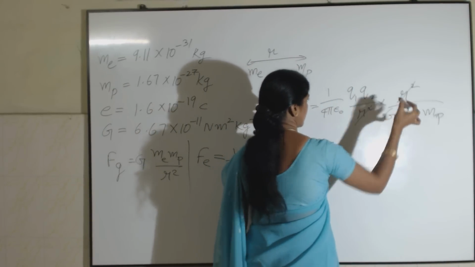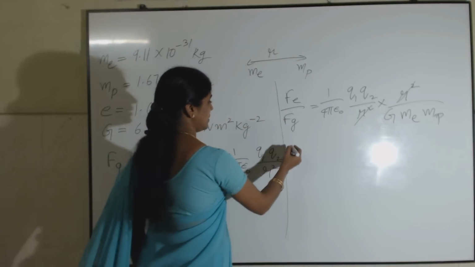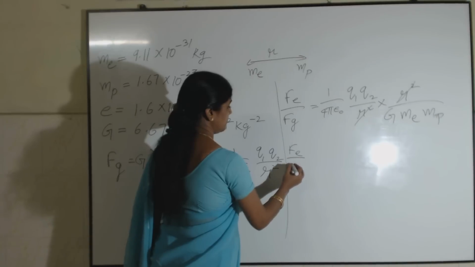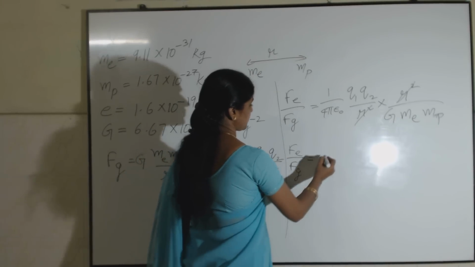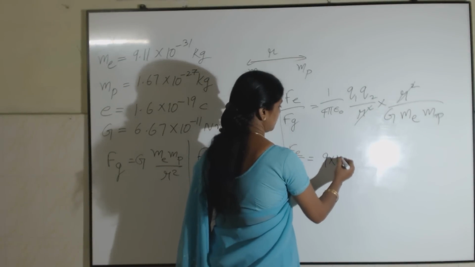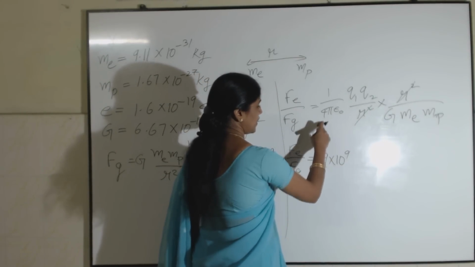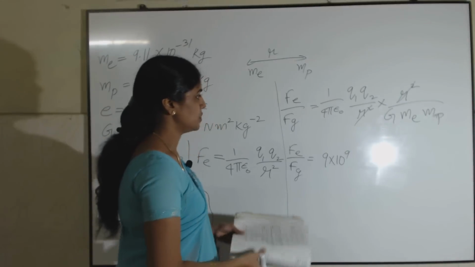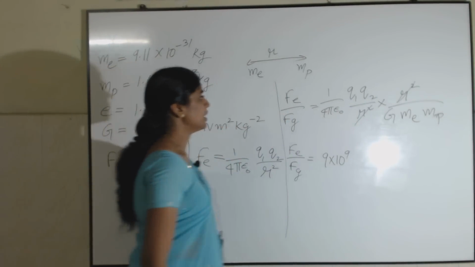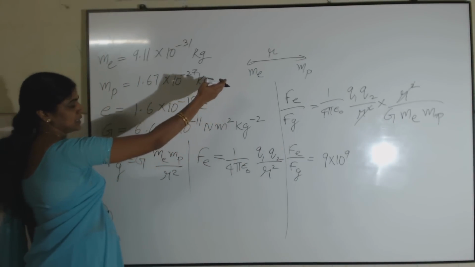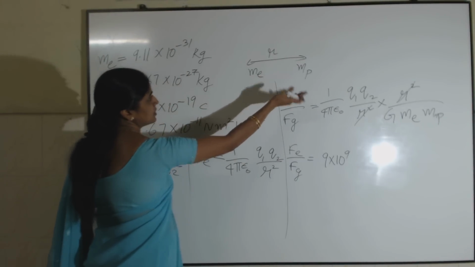R square gets cancelled. So what is remaining? Fe by Fg is equal to 9 into 10 power 9, that is the 1 by 4 pi epsilon naught value, into q1 q2. Here q1 and q2 are nothing but the charges of the electron and the proton.